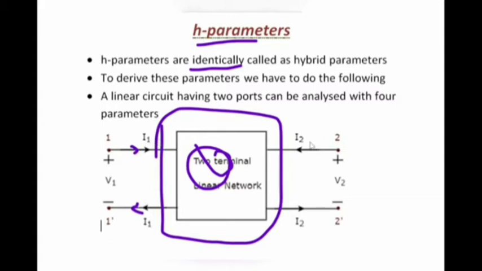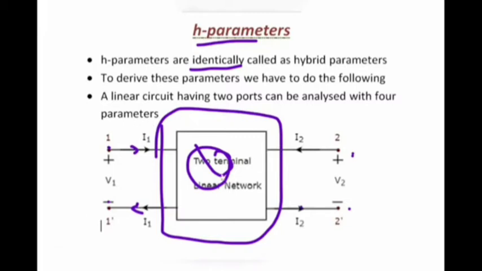At the other port, I2 is the entering current, and at this terminal I2 is the leaving current. These two are equal, and this can be considered as another port. So this total is a two-port network, and at these two terminals V1 is the voltage, and at these two terminals V2 is the voltage.